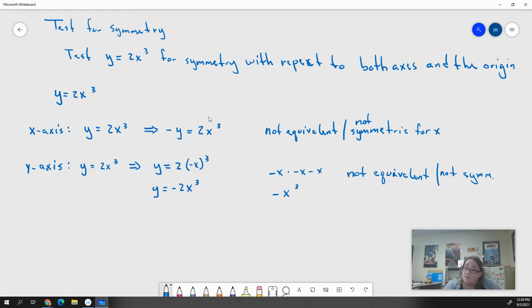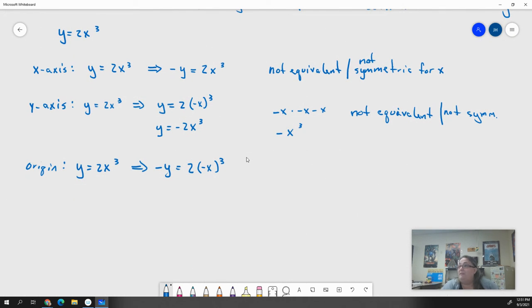Last thing we have to check is the origin. We have y equals 2x cubed. If I replace that with negative y equals 2 times negative x cubed, I am going to wind up with negative y equals negative 2x cubed. If I have a negative on both sides, can I get rid of it?